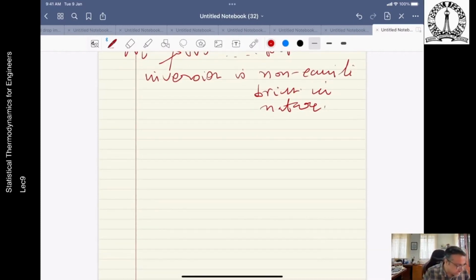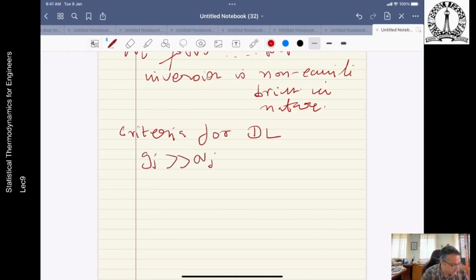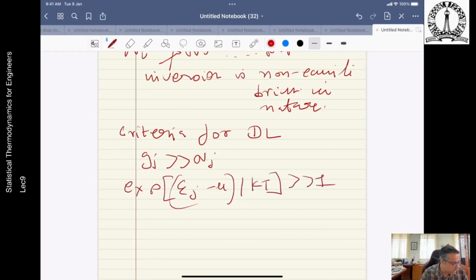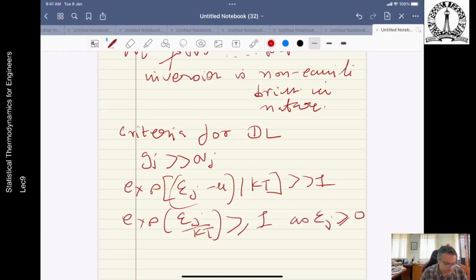Okay, so the criteria for the dilute limit: one is of course Gj being much greater than Nj, and exponential of Ej minus mu by kT is much greater than 1. That means exponential of Ej by kT is much greater than or equal to 1, as Ej is greater than or equal to 0.